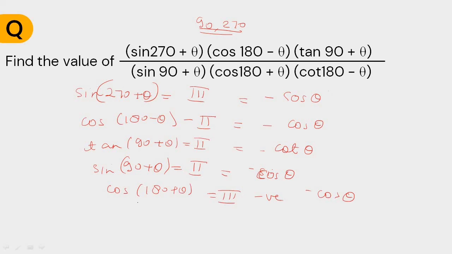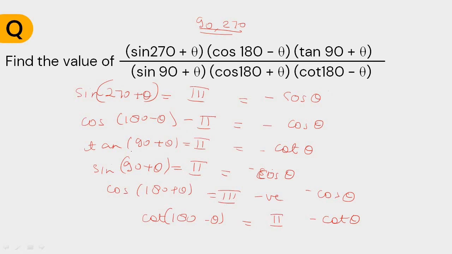The last one is cot 180 minus theta. Since it is 180, it will not change, and it lies in the second quadrant, and the value of cot in the second is negative, so it will come minus cot theta. So these were the values here.